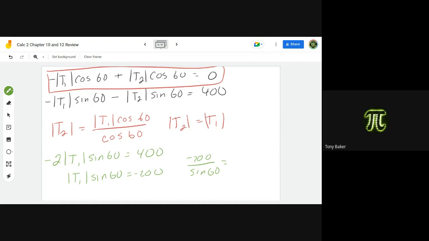I'm doing my unit circle quickly in my head, and I'm going to totally mess it up. Yeah, square root of 3 over 2. So it's negative 200 divided by the square root of 3 over 2. So we've got negative 400 divided by the square root of 3, which we have to use a calculator for. It comes out to be negative 230.9.